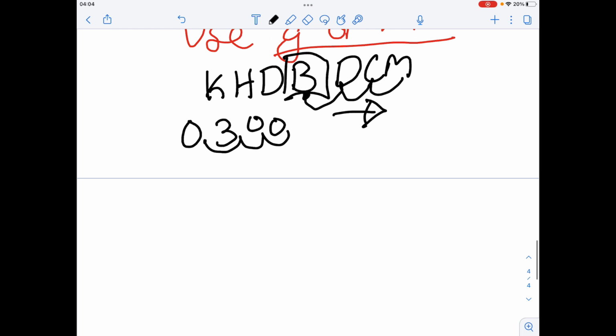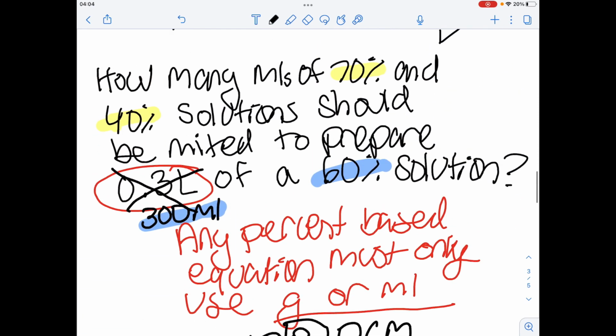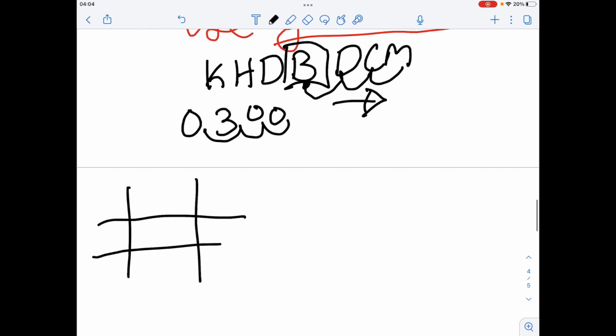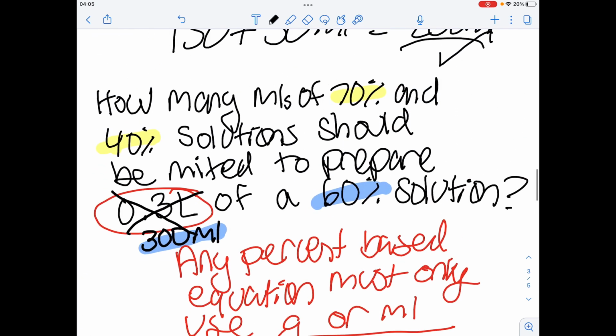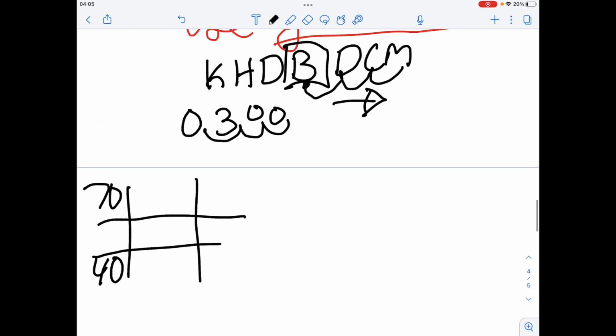Let's draw our tic-tac-toe board to get started. Remember, the higher percent that we're mixing is 70 and the lower percent is 40. So I'm going to write my 70 in this corner, my 40% in this corner, and the amount we're trying to find, 60%, in the middle.